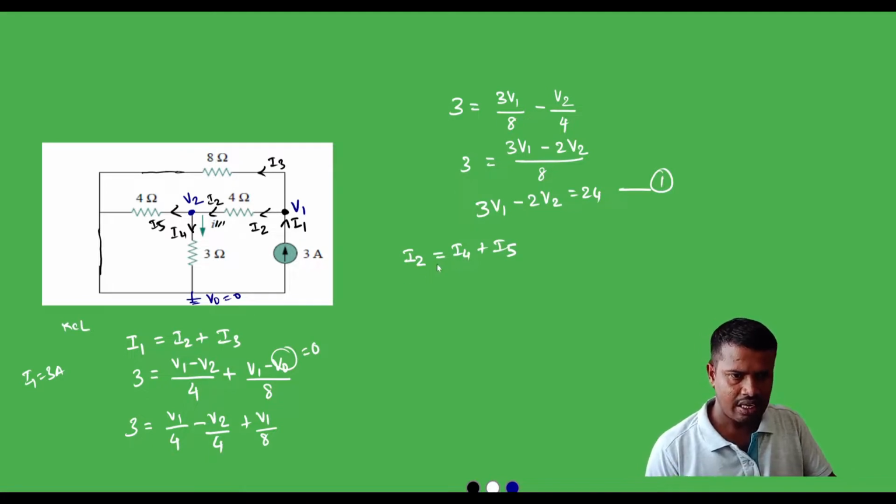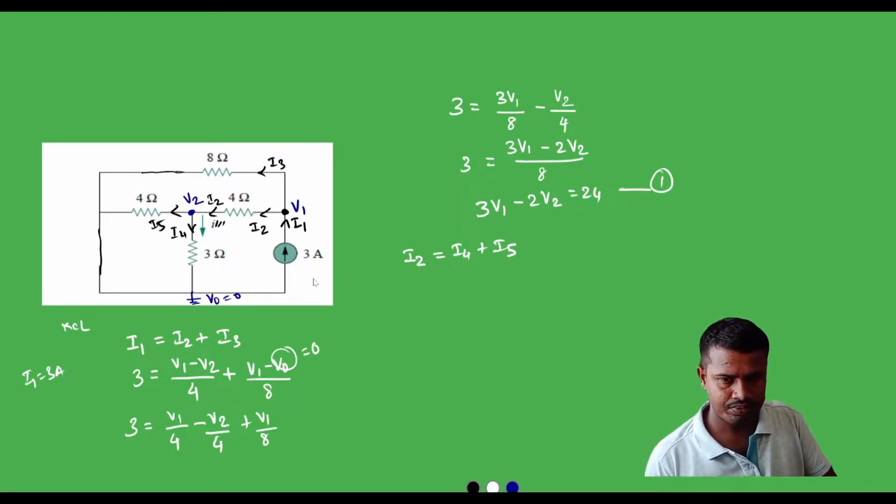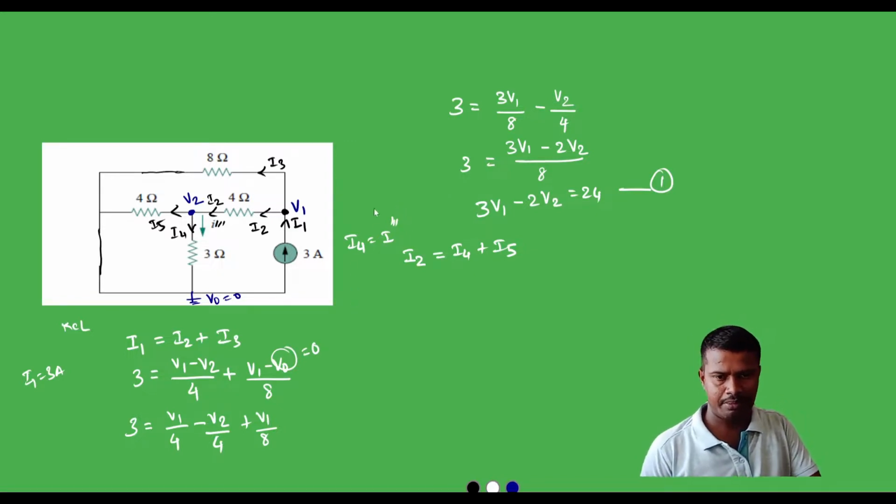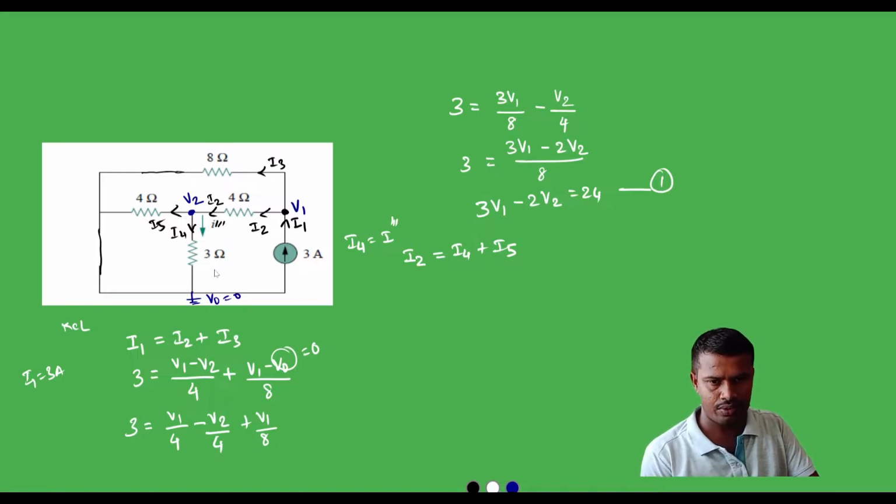We know that I4 is equal to I triple prime, and we will mark it here. I triple prime indicates the current flowing through the 3 ohm resistor when the current source is active.